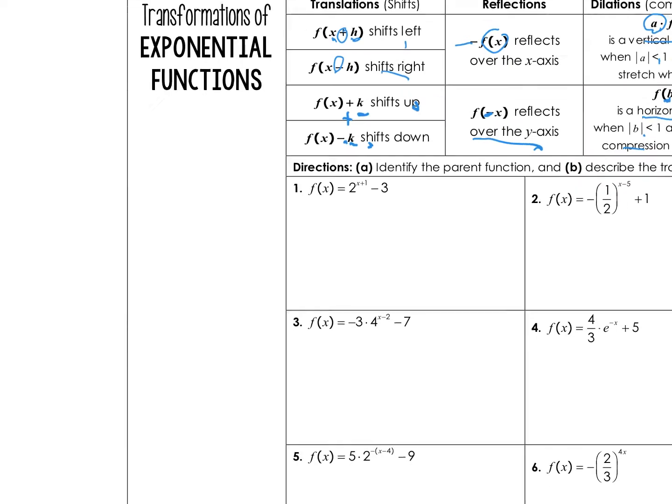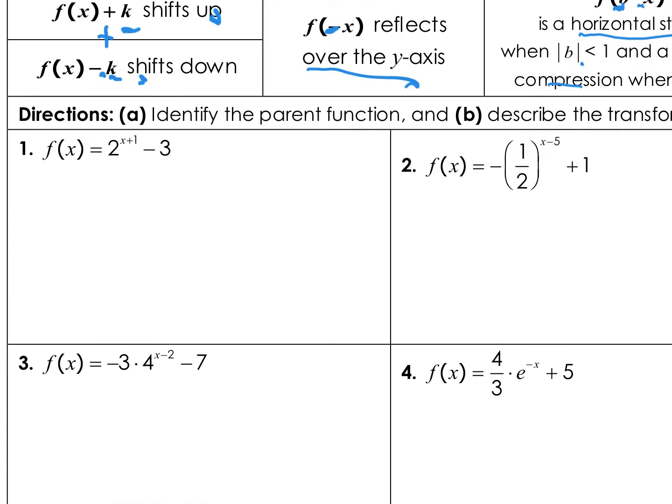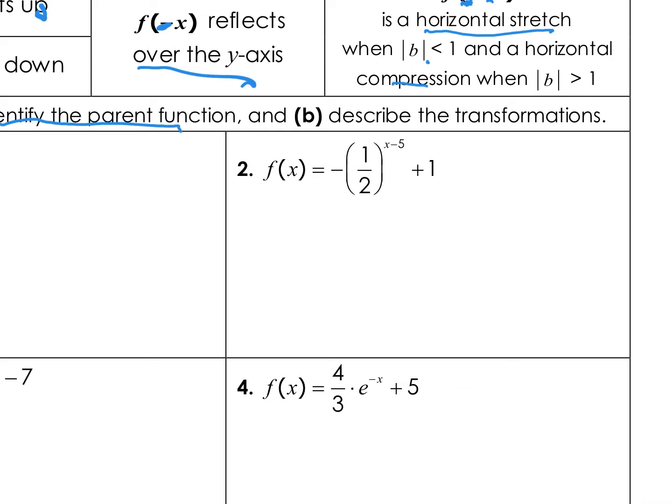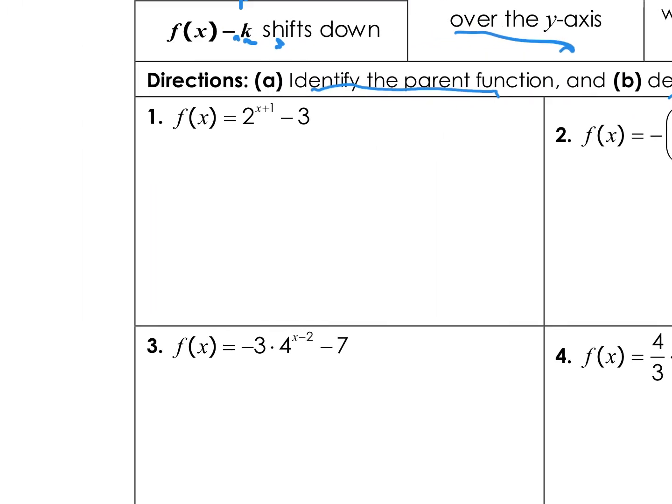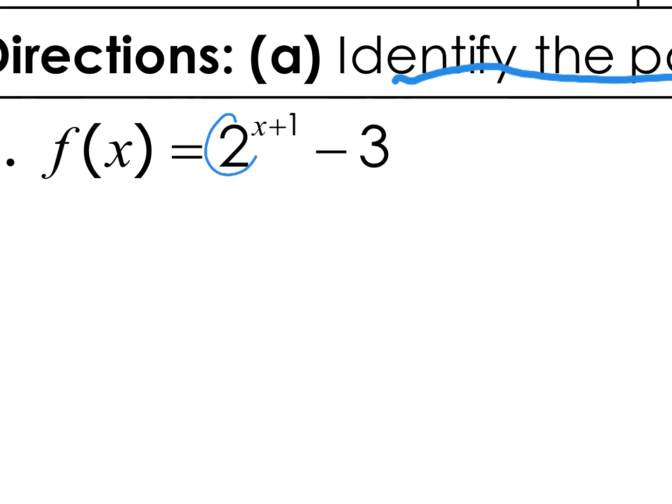All right, the directions for this one are to identify what the parent function is and describe the transformations. So as I look at this one here, b is a 2.